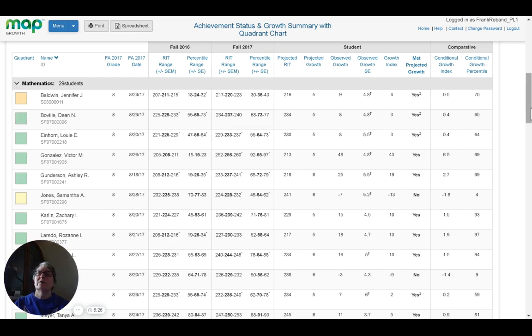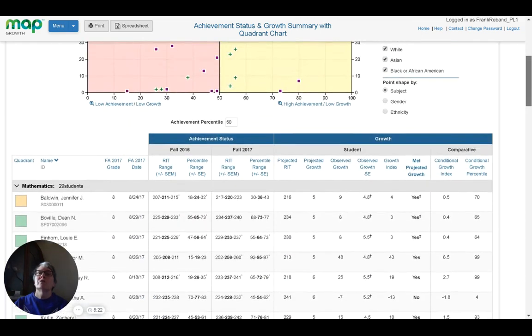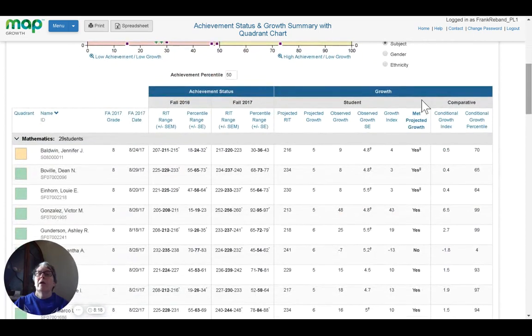So if I compare it, we can see that Jennifer's up here in this orange quadrant, which is the low achievement but high growth. It shows what grade she was in when she took the fall assessment. In fact, the last assessment shows the date of the last assessment.